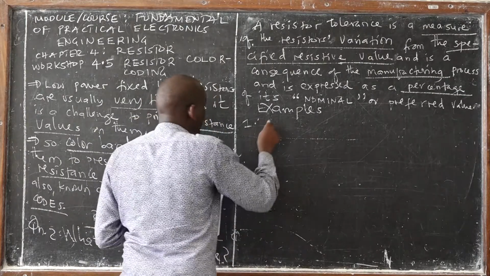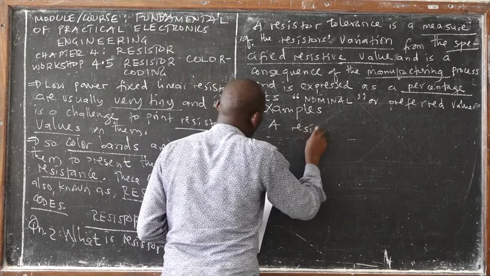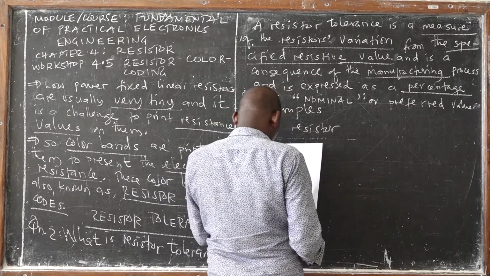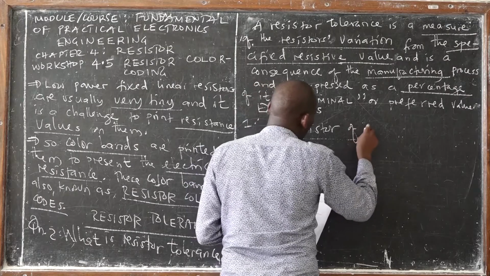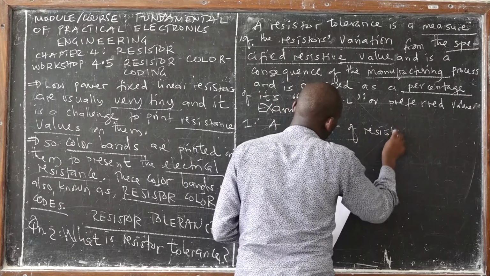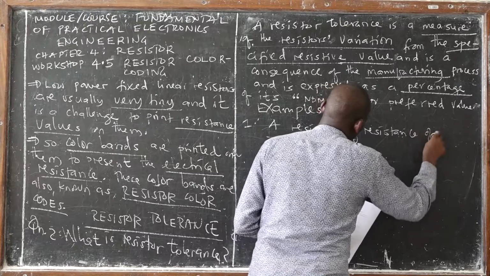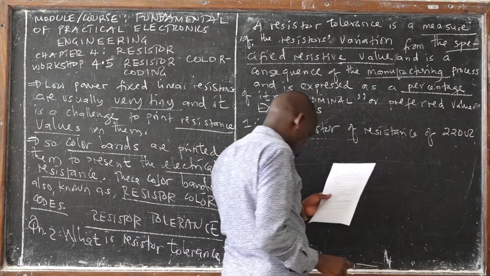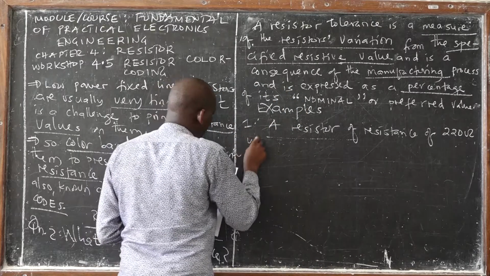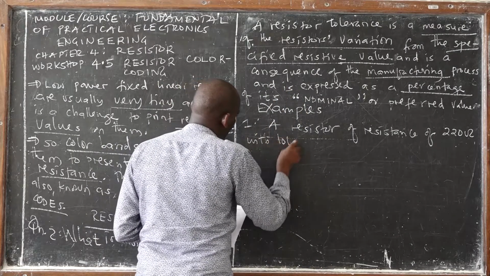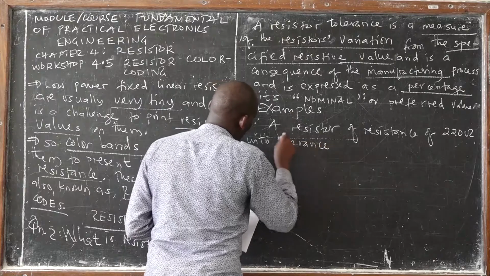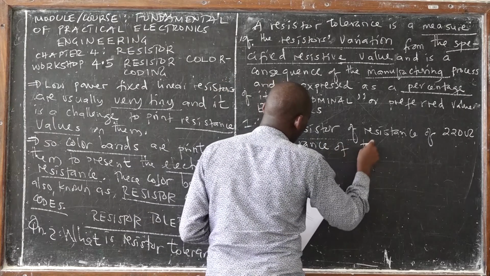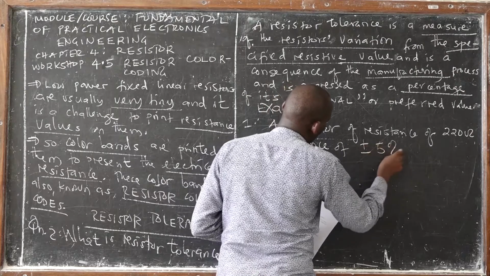Example: we can have a resistor of resistance 220 ohm with a tolerance of plus or minus 5%.